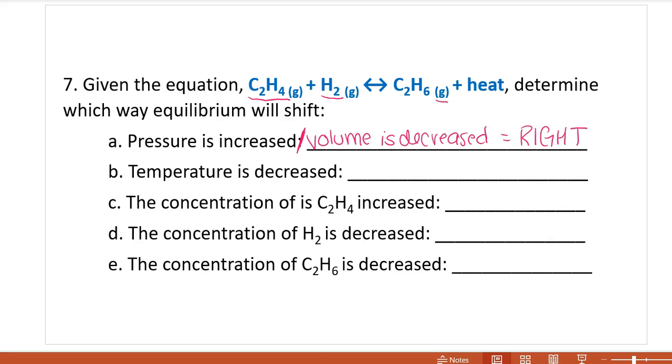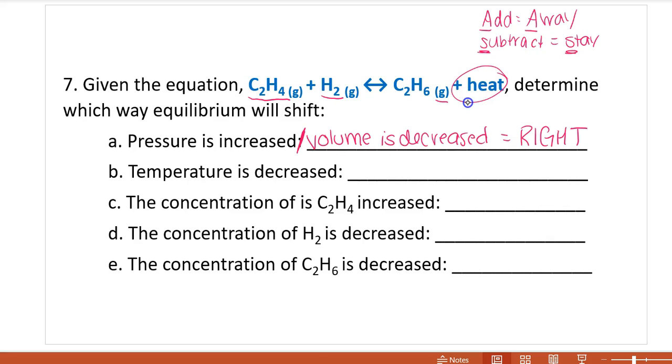All right. Temperature is decreased. Anytime you add a substance, equilibrium shifts away from that substance. They both start with A. If we subtract or remove a substance, equilibrium stays on that side. So let's say I were to remove heat. Well, heat is on the right side.